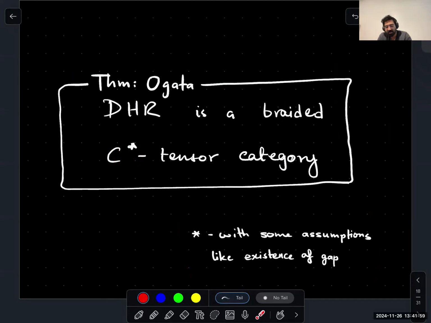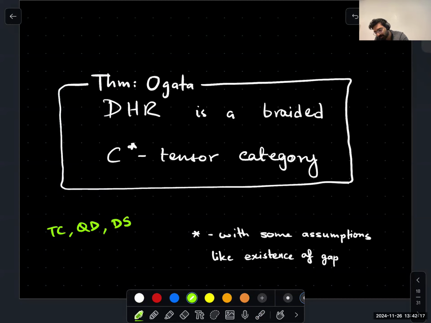And this category has been verified to match the well-known categories that exist in the literature. So in particular, the Toric Code category, the quantum double category, and the double semion category is the exact same as the DHR category of these models.